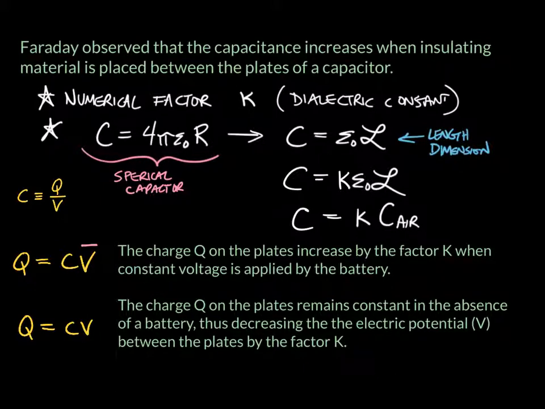So we have a constant voltage in this first example. And if the voltage is held constant and you observe that charge increases, then it must be the fact that capacitance increased.